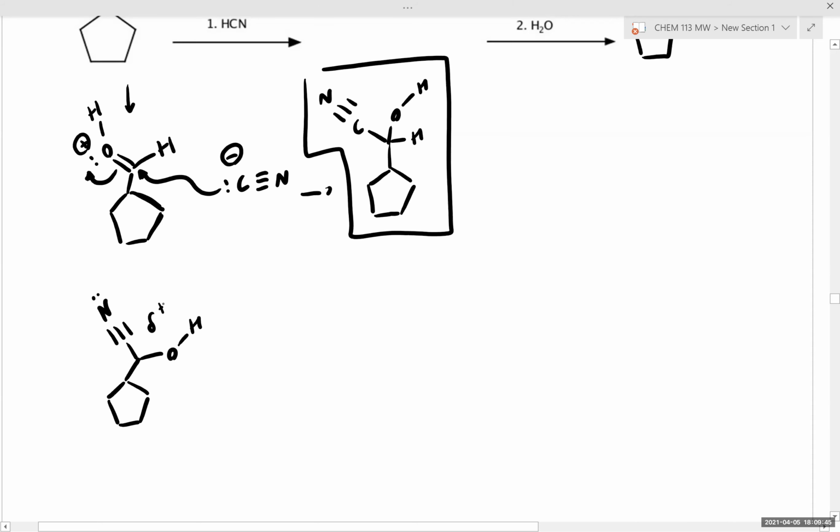The nitrile carbon is relatively electrophilic and as such can be attacked with common nucleophiles. So if you have a hydride equivalent, that hydride equivalent can attack your nitrile carbon and generate an imine.